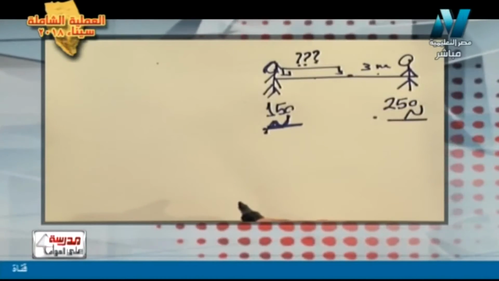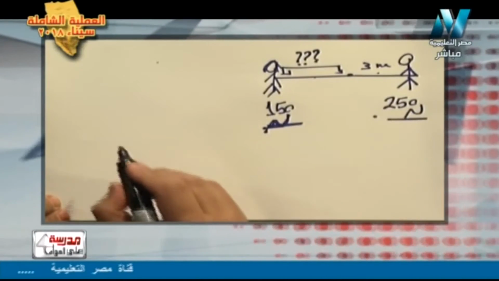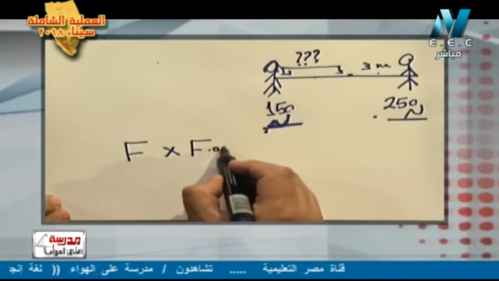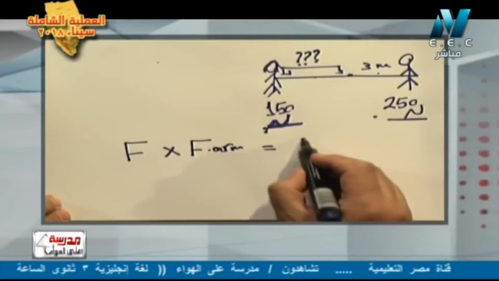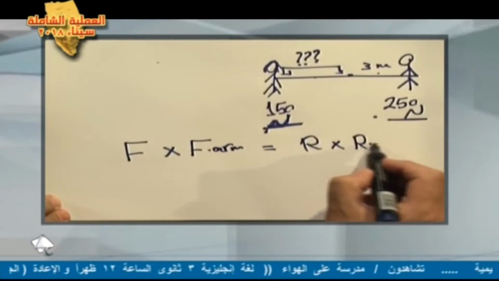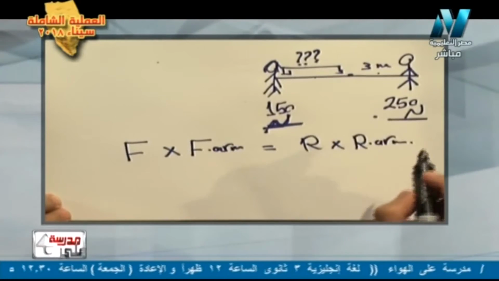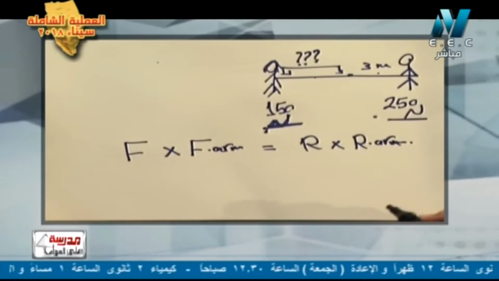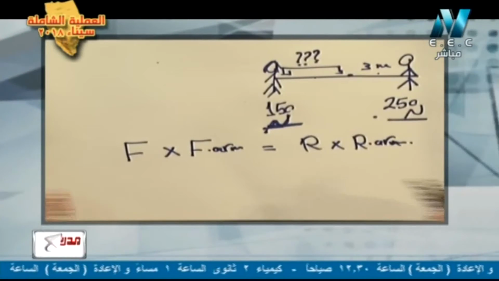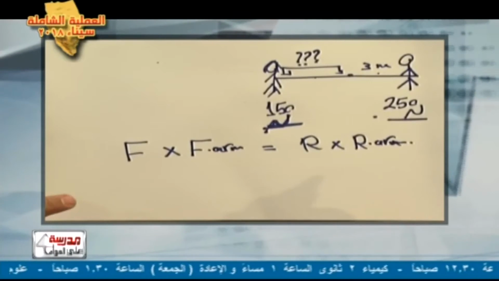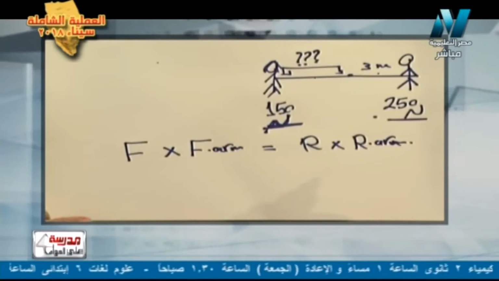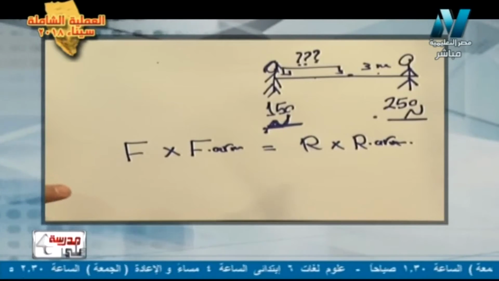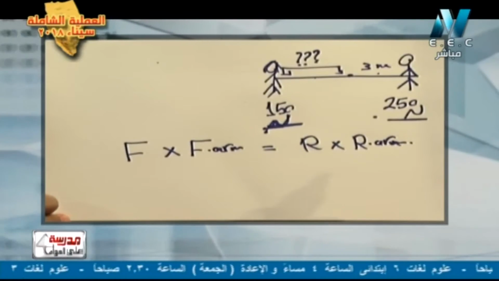So now let us write the law first. The law says: effort force times effort force arm equals resistance times resistance arm. Now I can hear someone asking where the effort is and where the resistance is. Here I can consider either one of the two as the effort force or the resistance force. If it is a seesaw or a balance, I consider either side as the effort force and the other as the resistance.